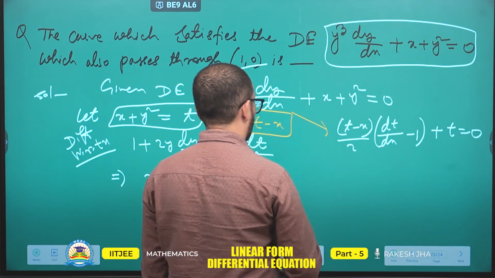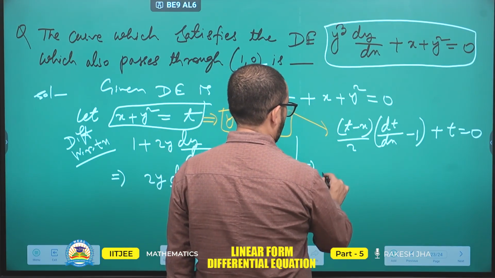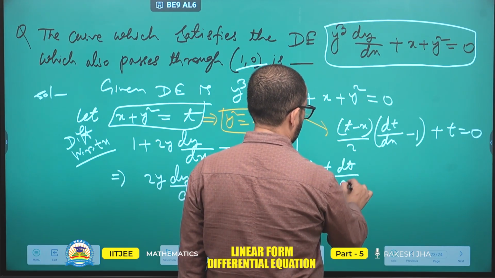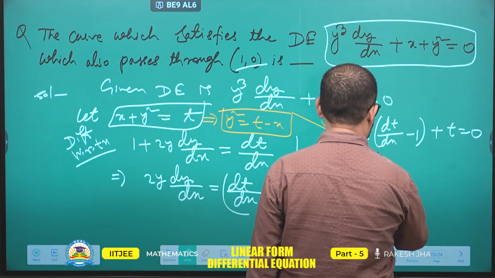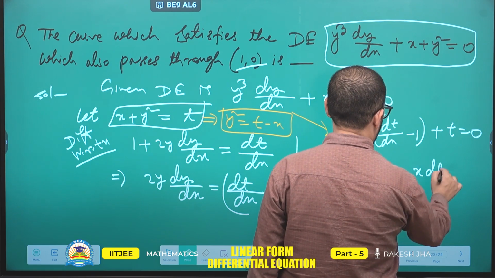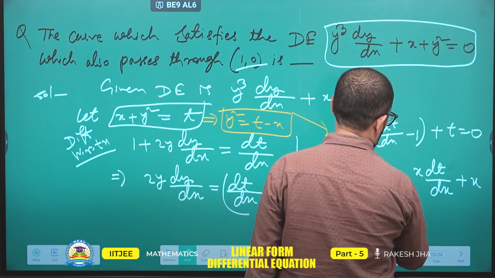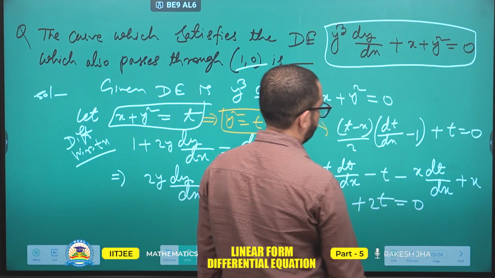Now you have to open the bracket. So it is t into dt upon dx minus t, then minus x times dt upon dx, then plus x, then plus 2t is equal to 0.